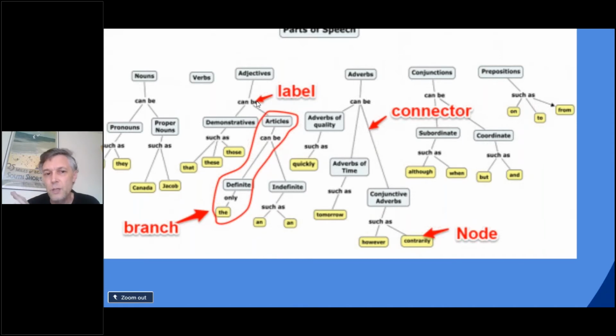Now, some tools allow this, some don't. So that's something to be aware of, is depending on how you are developing your mind map or your concept map, that can be an extra layer of information that is built into it. Depending on the tool that you use, you may or may not be able to have that extra layer there, along with these branches and the nodes.